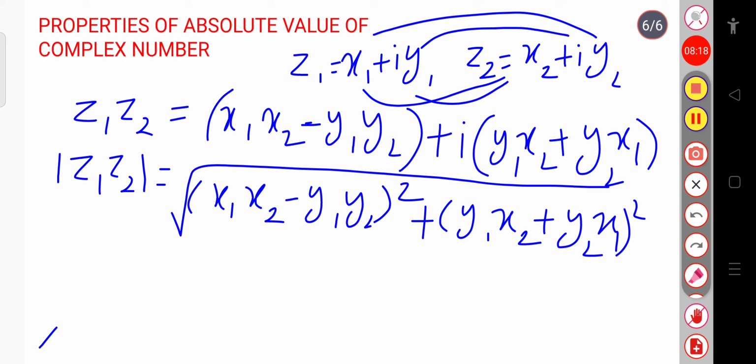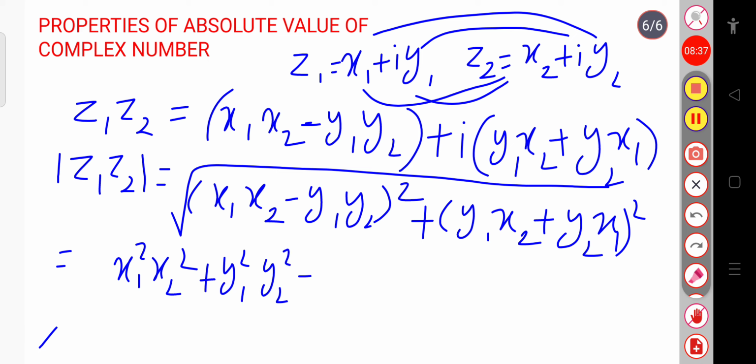This becomes a square, that is x1 square x2 square plus y1 square y2 square, minus 2 x1 x2 y1 y2.